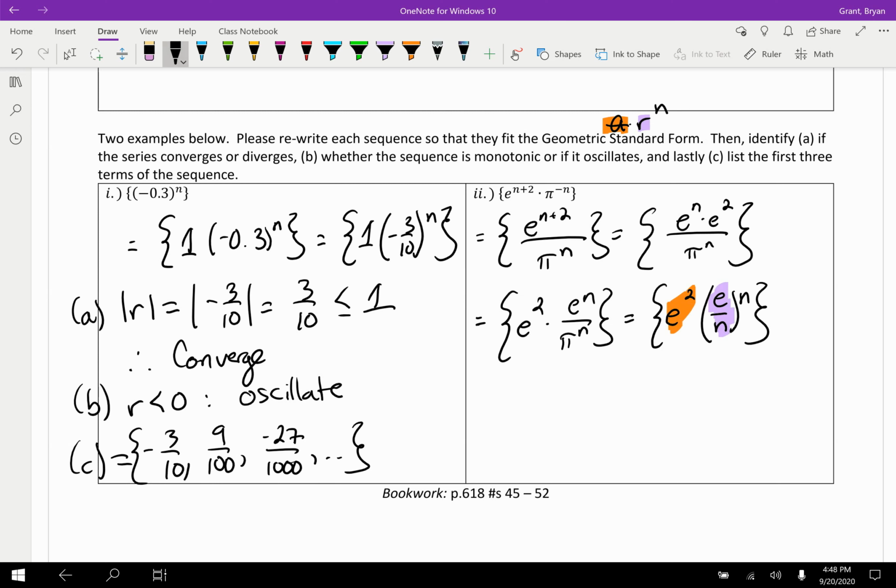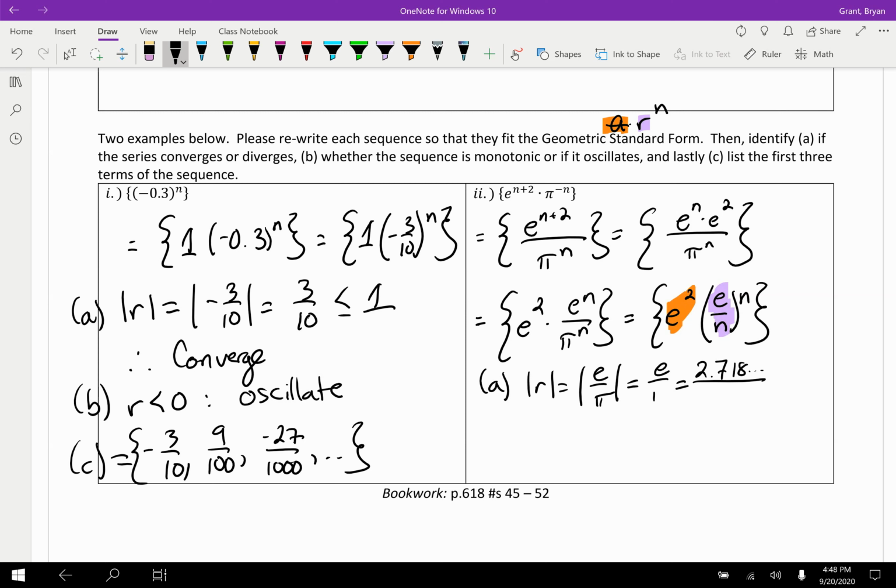Let's go through our three steps. First step, does this series converge? Well, e over pi. So we have the absolute value of r, which is going to be the absolute value of e divided by pi, which is just e divided by pi. However, e is 2.718 something something, and I wrote n here multiple times. I think that's because I was saying n.